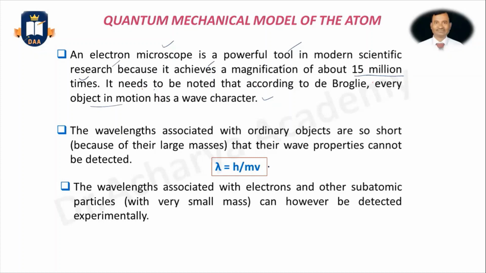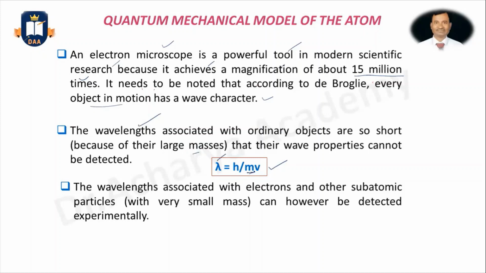So if we see this equation, you see that the wavelength will be very short for large mass. That means the wavelength and mass are inversely proportional.